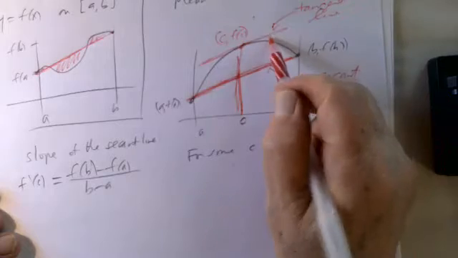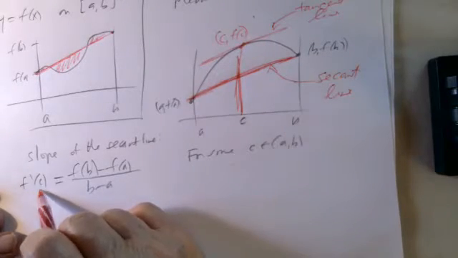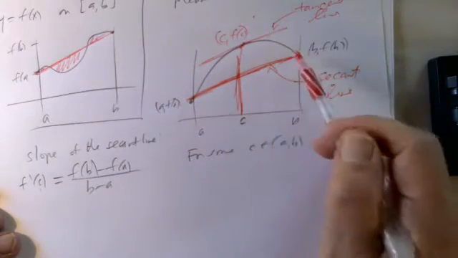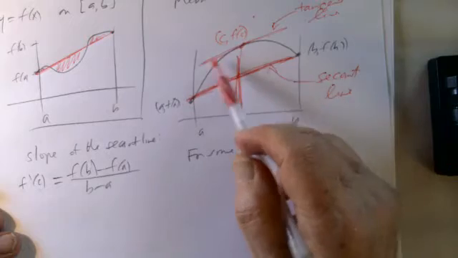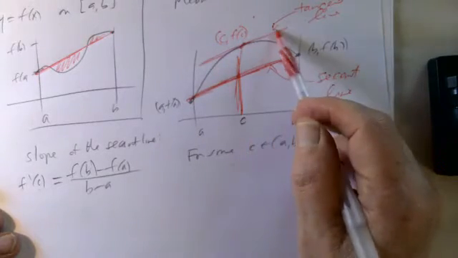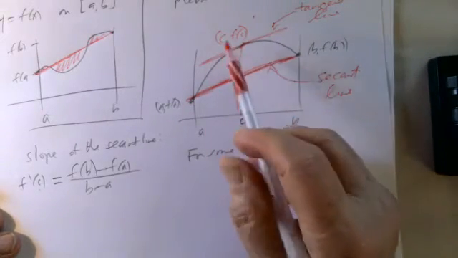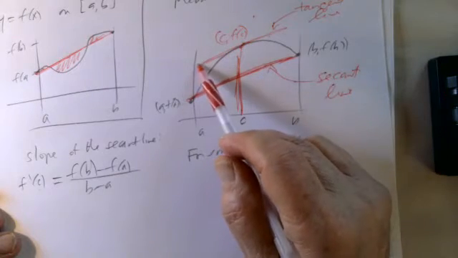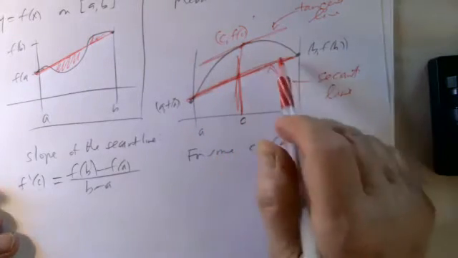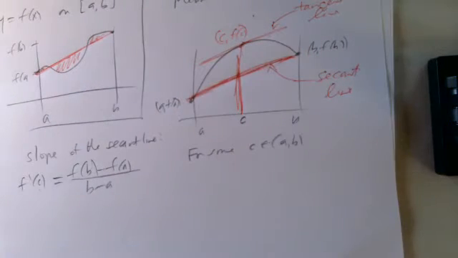The slope of the tangent is the derivative, and this says there's some point between A and B on the curve where the slope of the tangent line equals the slope of the secant line. Or equivalently stated, the tangent line is parallel to the secant line. So geometrically, this is really quite interesting.